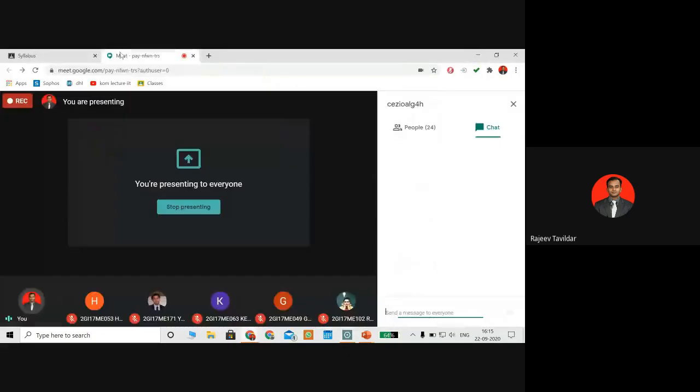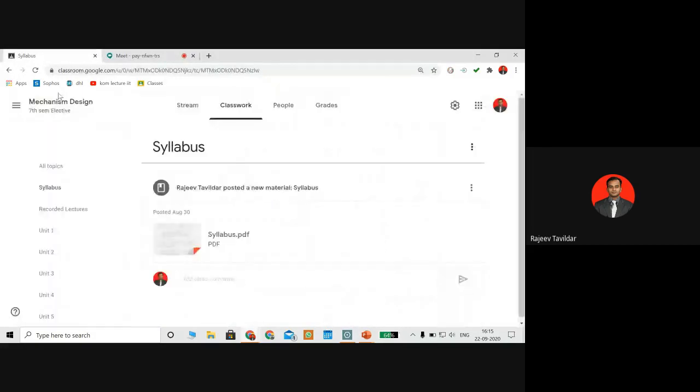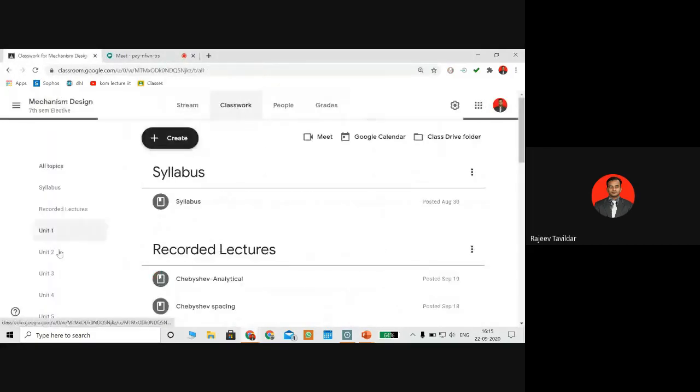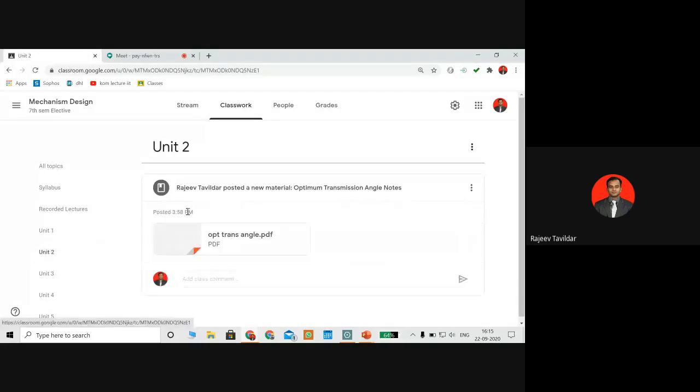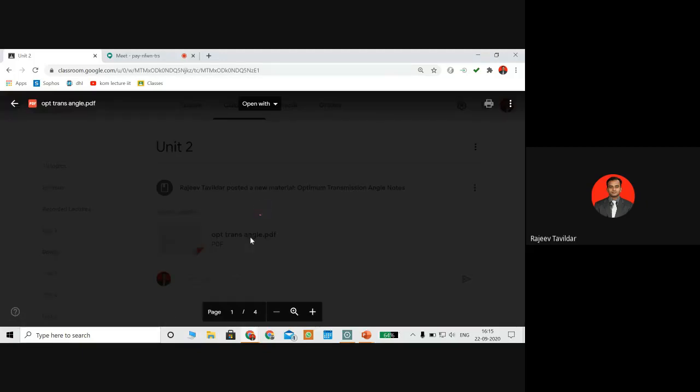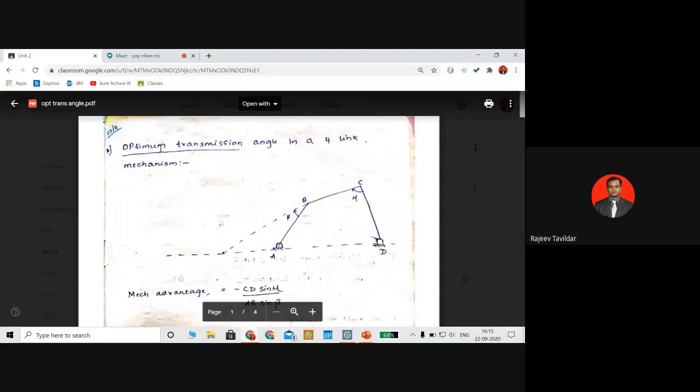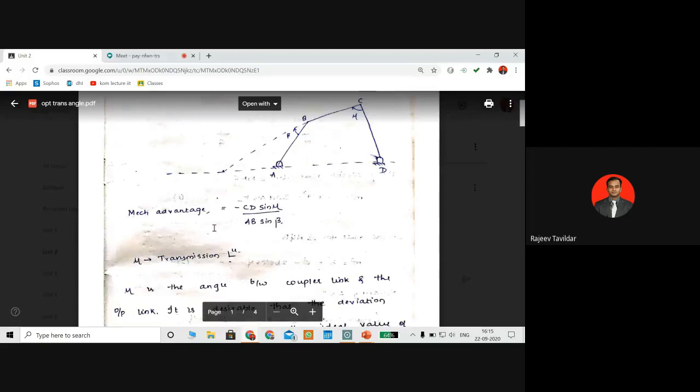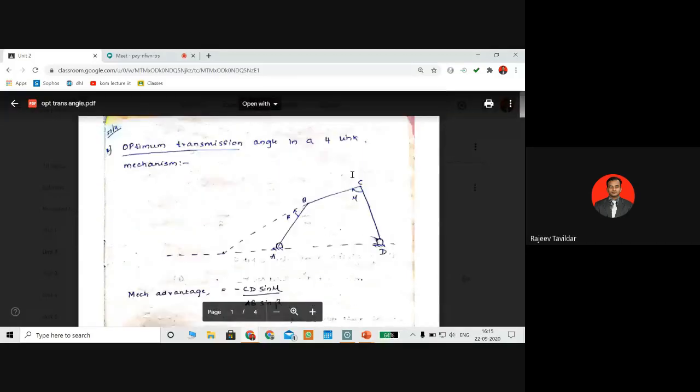Okay, let me check. If you go to classwork in unit number 2, I have posted this optimum transmission angle PDF. If you open this PDF, right from the beginning, I've given you the notes: mechanical advantage, what it is, how the transmission angle is coming.